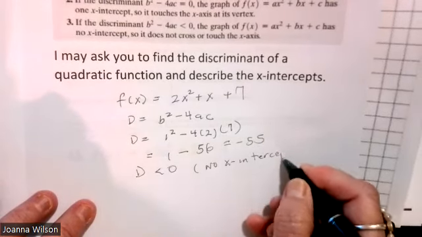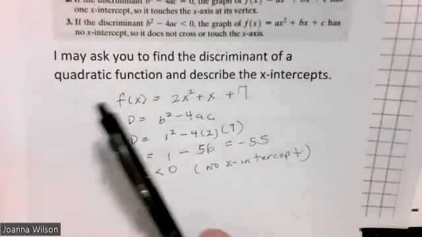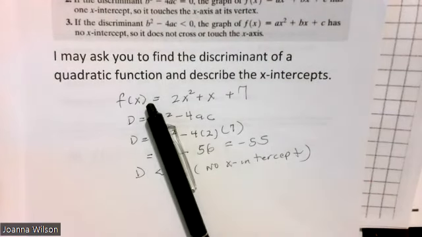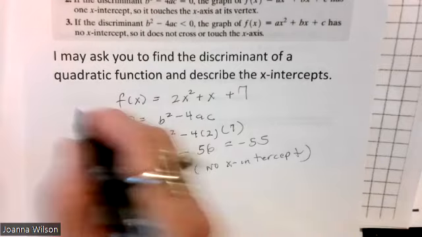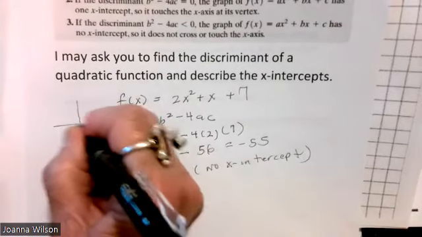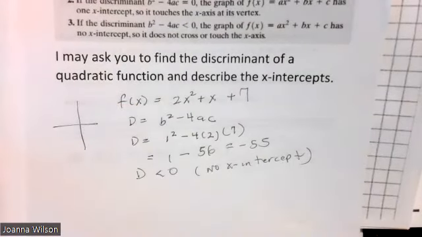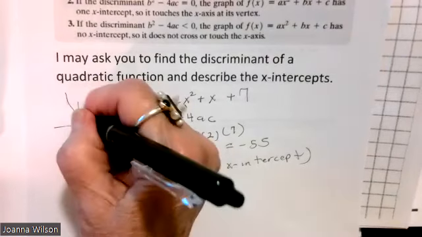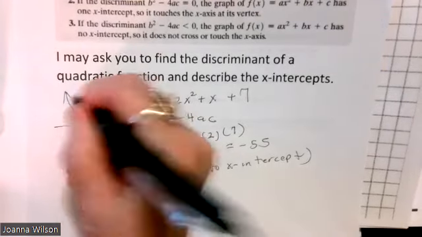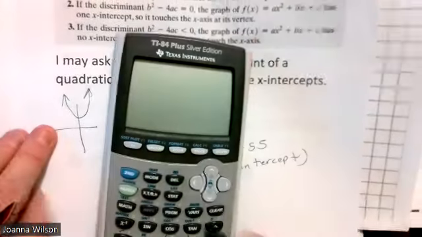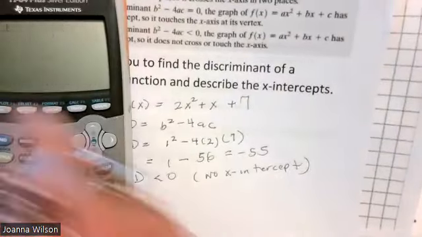Now, what does it look like if there isn't an x-intercept? Well, it's either going to be all above the x-axis or it's going to be all below the x-axis. And since this opens up, it's going to be all up here. So it doesn't necessarily look like that. We can go and graph this in particular.